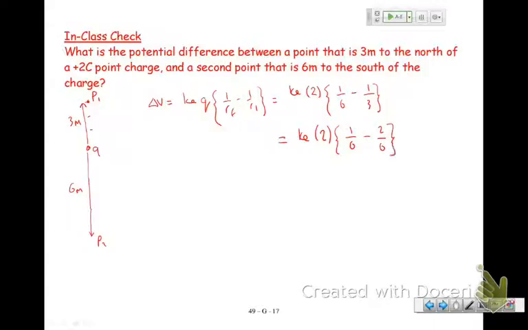Bad choice on my part of numbers. It's not so illustrative. Minus 1 over 6, which equals minus 1/3 k_e volts.